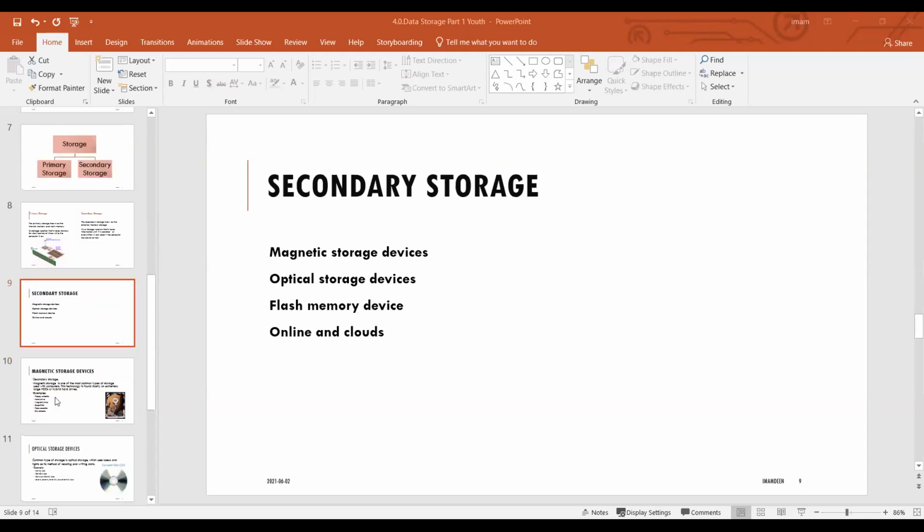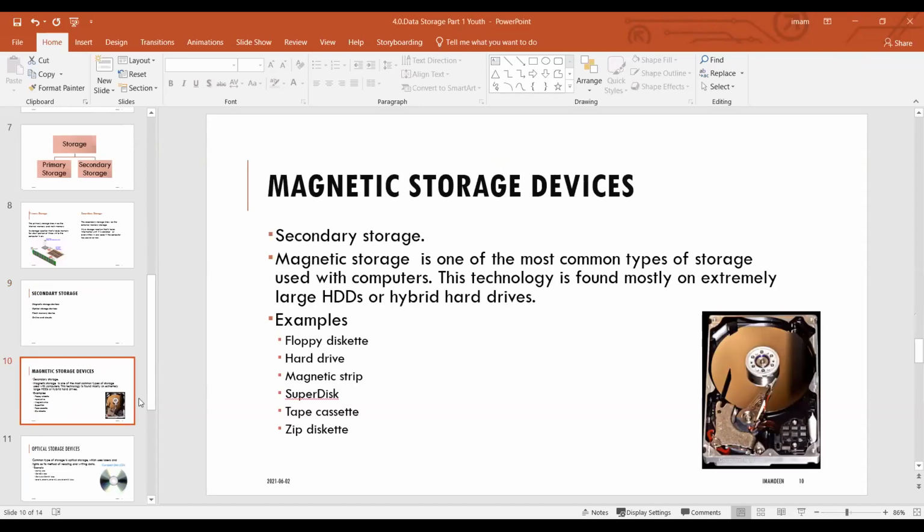Okay. So next we see what magnetic storage is. Magnetic storage is one of the most common types of storage used with computers. This technology is found mostly in large devices like the hard disk and floppy drive.